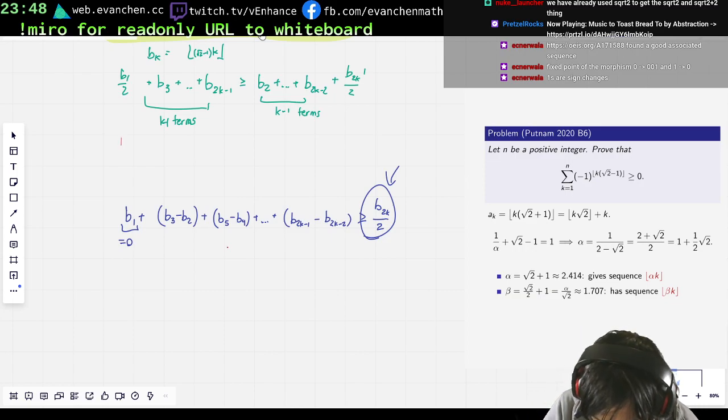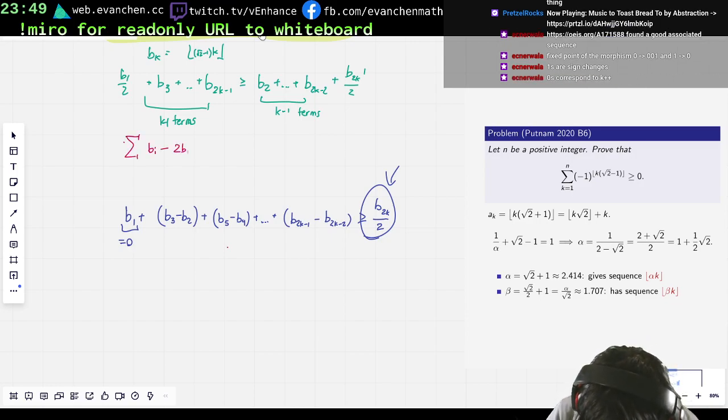So what if I do b1? I think in order for this to work, I need a second order thing, right? It's like the sum of b_i minus 2b_{i+1} plus b_{i+2}.